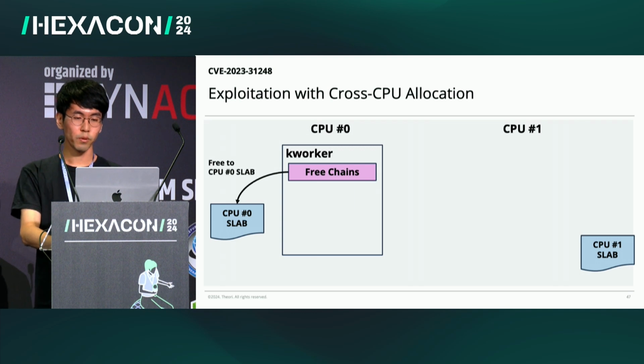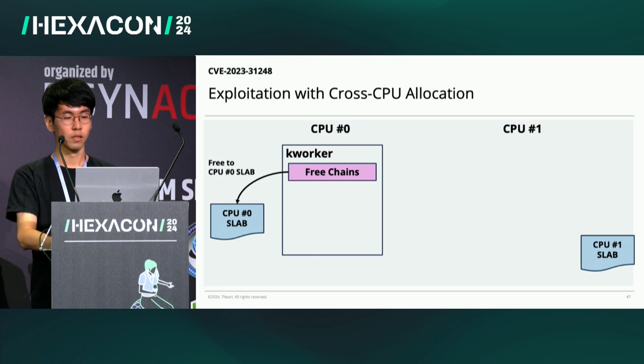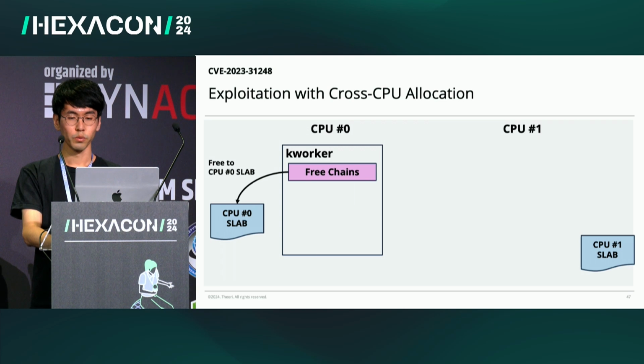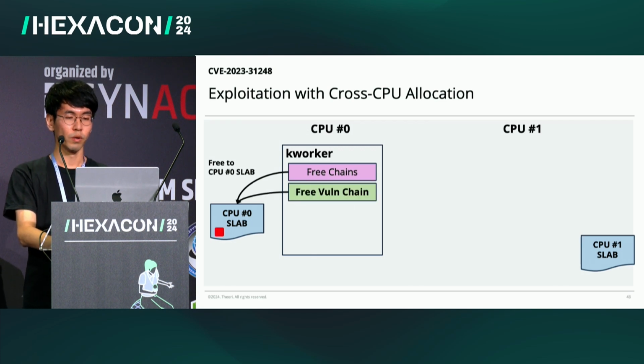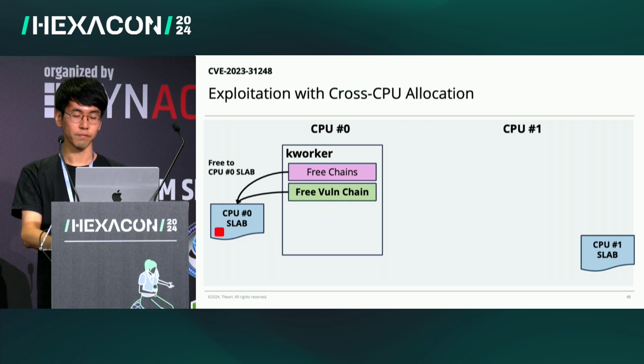Let's follow the exploit using cross-CPU allocation step by step. First, we free some chains to make the partial list on CPU 0. We need to create some partial lists at this time because the allocator leaves a minimal number of partial lists in the node when it moves from the node partial list to the per-CPU partial list. Next, we free the object that causes the UAF, making the slab containing the vulnerable object stored in the per-CPU partial list of CPU 0.